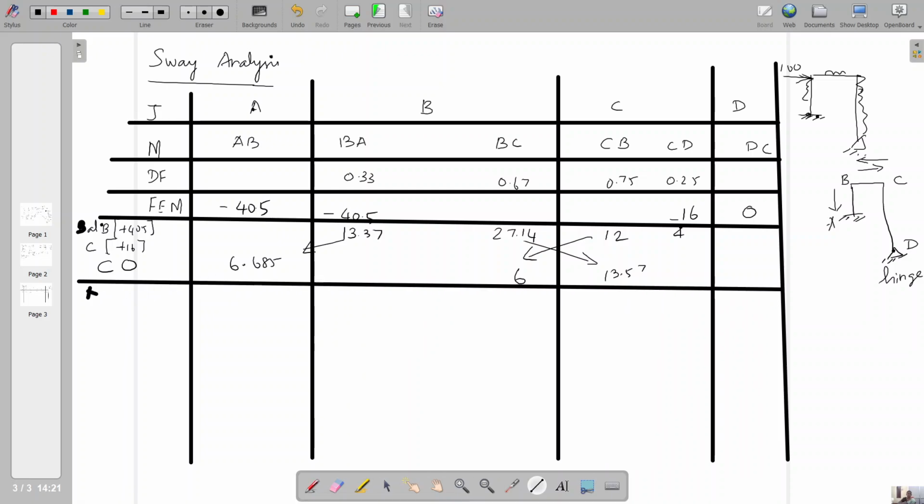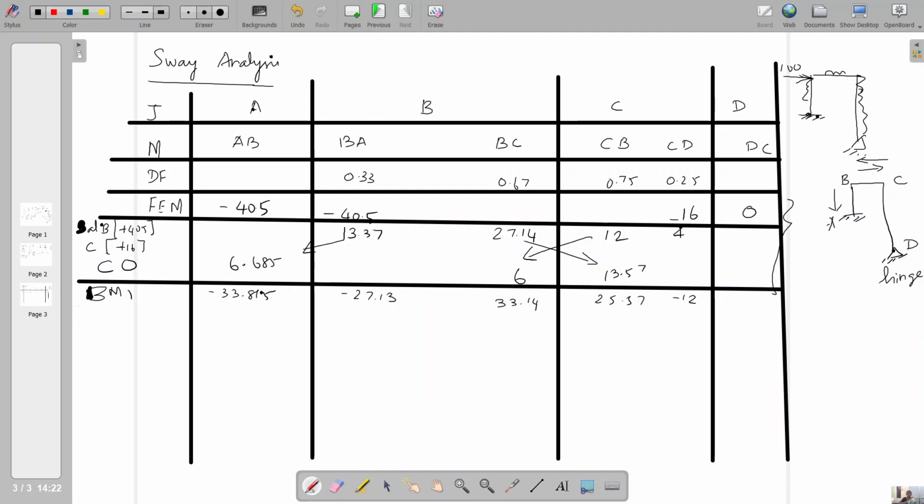So finally you add for the first iteration. Okay, you can write bending moment for the first iteration. So you add from fixed end moment to this value. So it is minus 33.815, minus 27.13, 33.14, and 25.57 and minus 12.